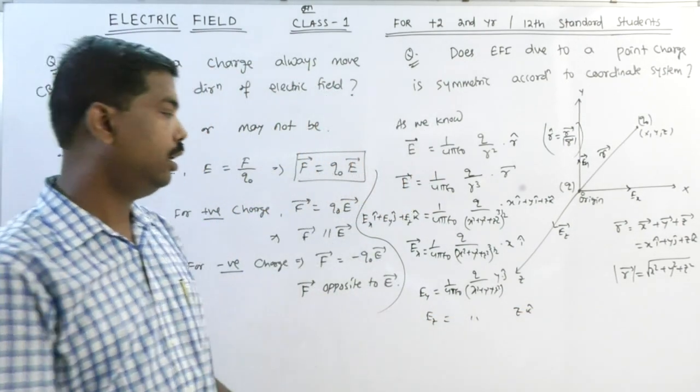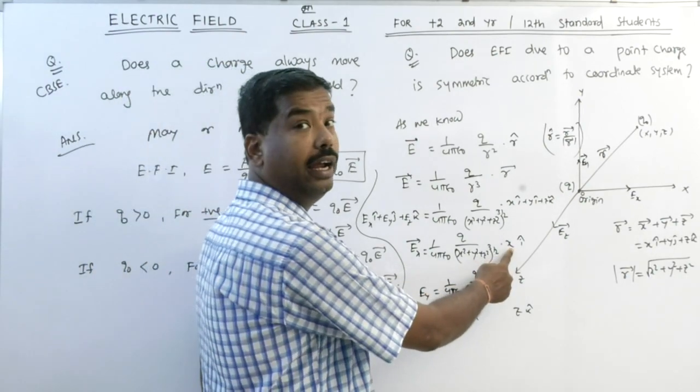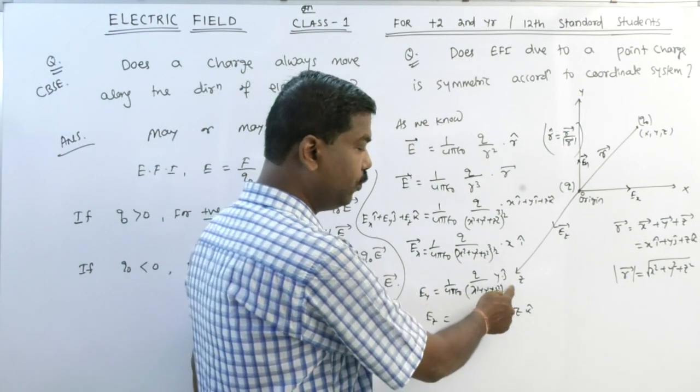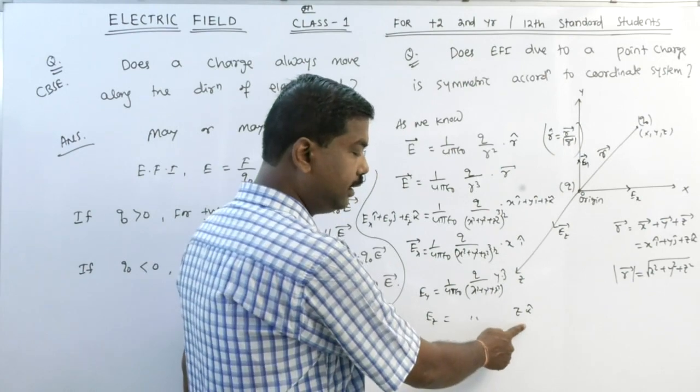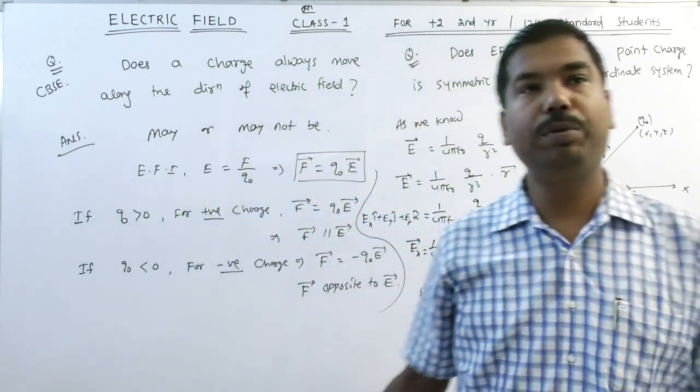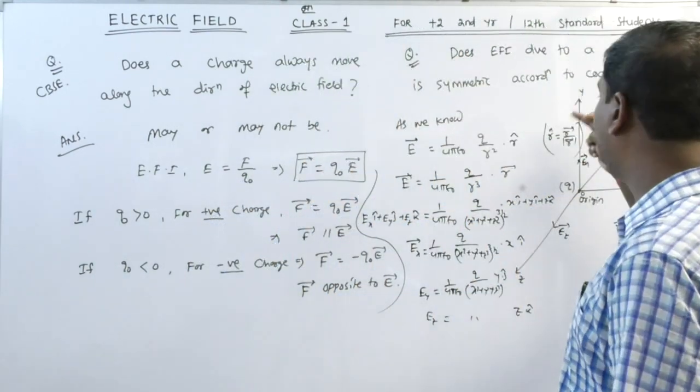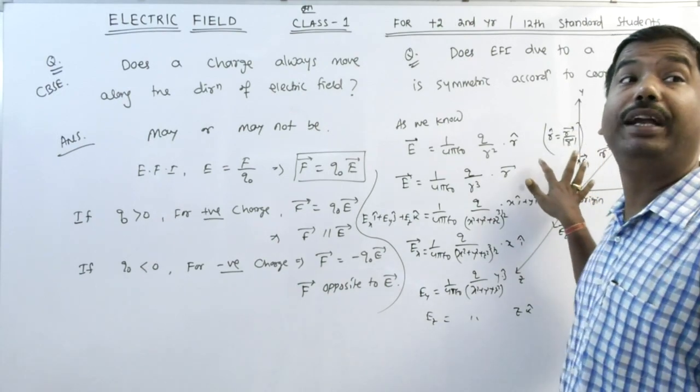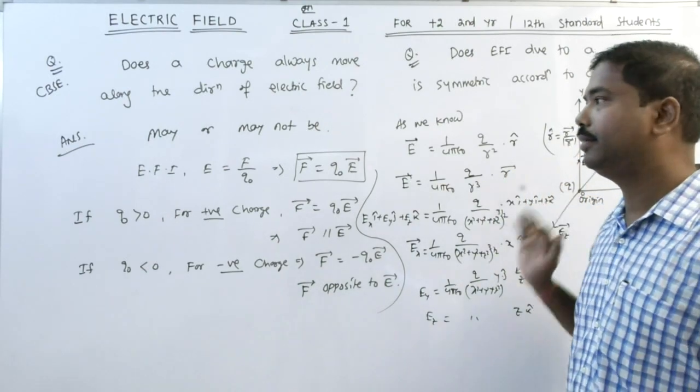It means along the x-axis the x component, along the y-axis the y component, and along the z-axis the z component will act. Hence, the electric field will be symmetric along the coordinate system.